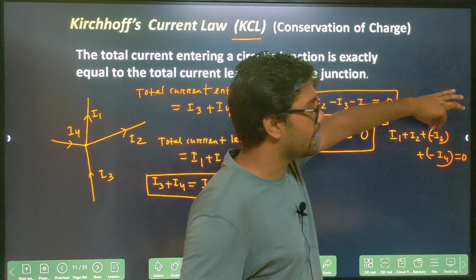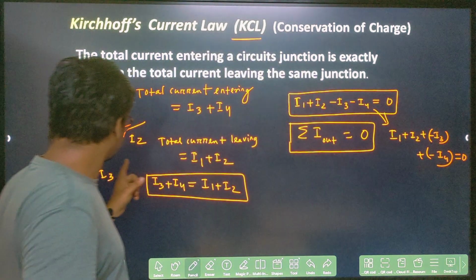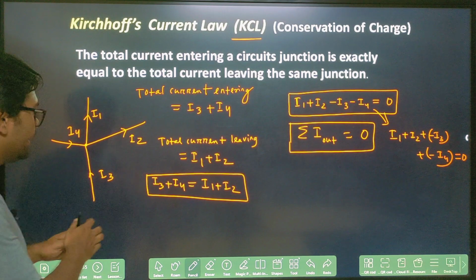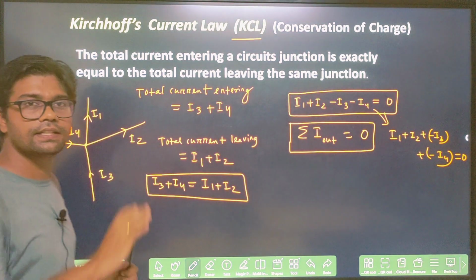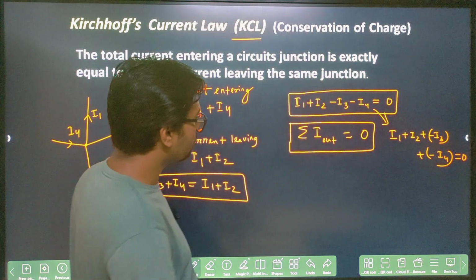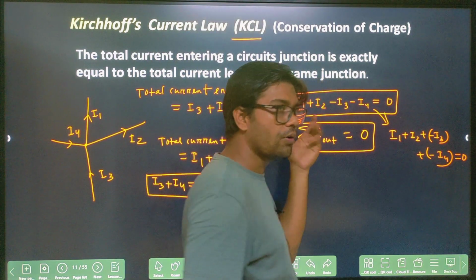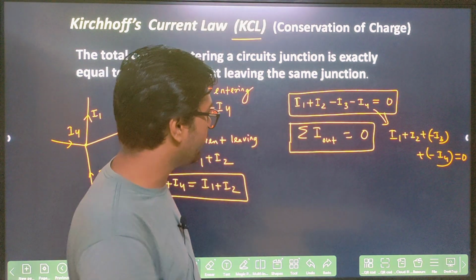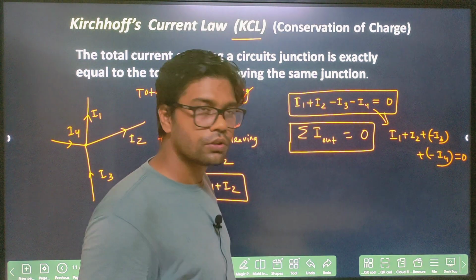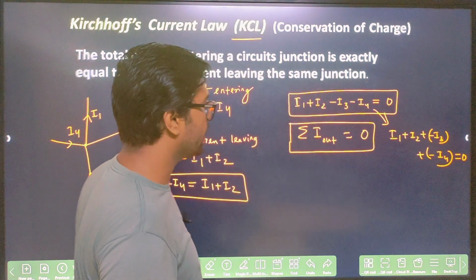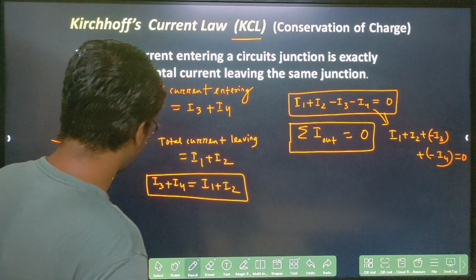I will say that minus I3 current is basically leaving this surface. I3 is entering the surface, minus I3 is leaving the surface. This logic is okay, right? So the net outward current I will tell is 0 through a junction. Clear? Why I am doing this, you will get to know. I will do some examples, then you will get to know. Clear?